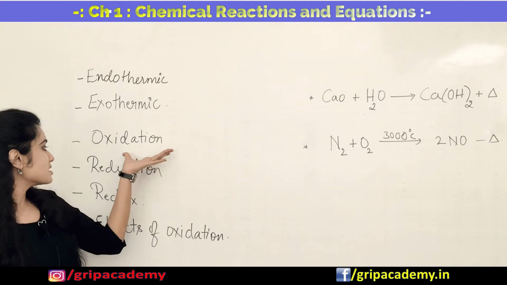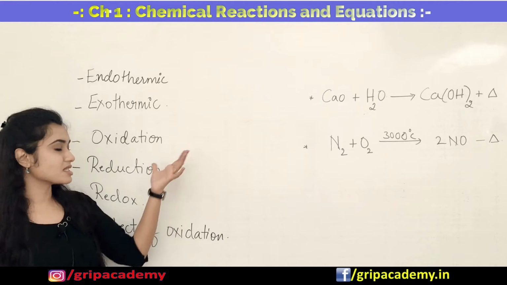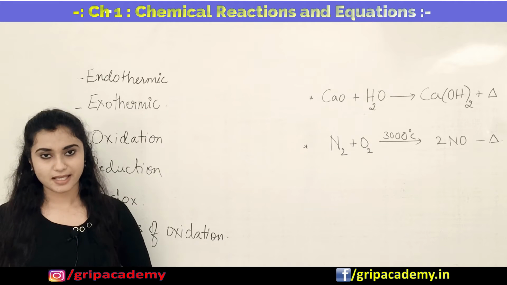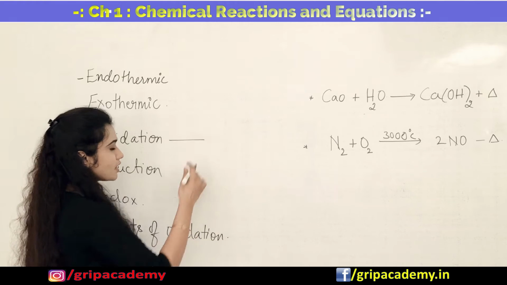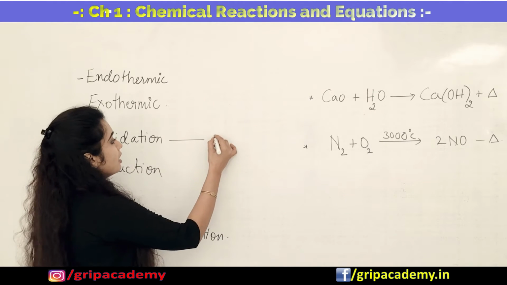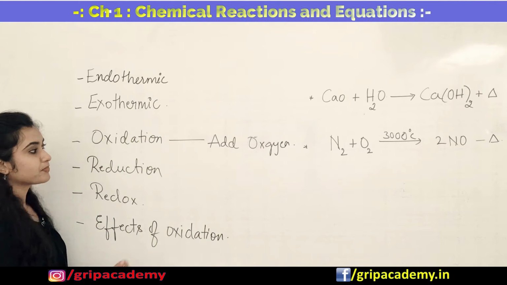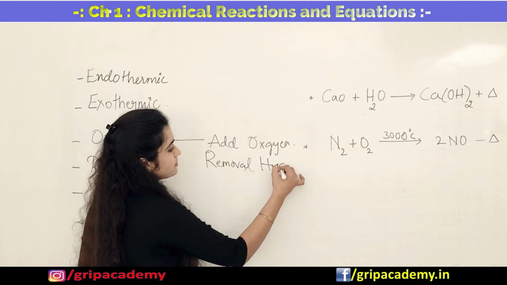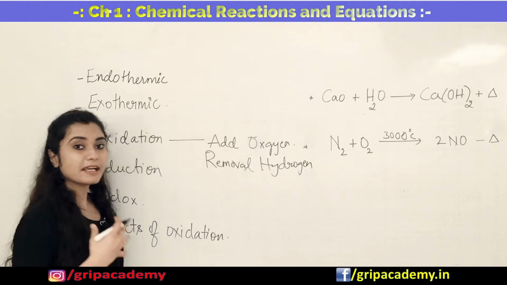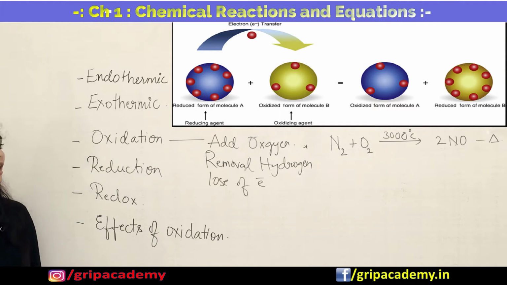Now coming to oxidation and reduction, there are a few conditions on which we say oxidation has happened or reduction has happened. Which are all those conditions? The first one is, if in any chemical reaction there is an addition of oxygen or removal of hydrogen, or if there is a loss of electrons, you can call that an oxidation.